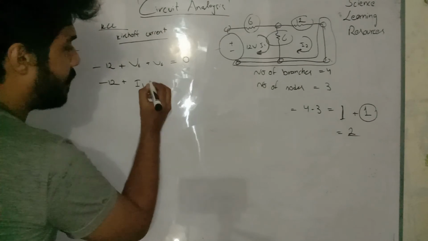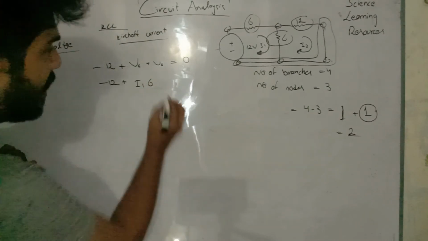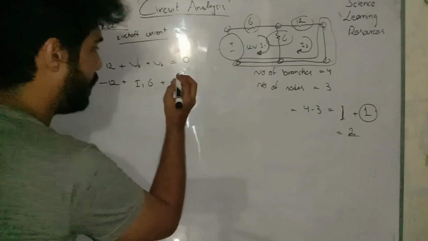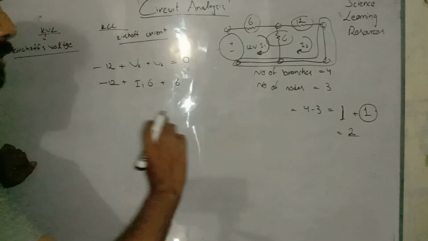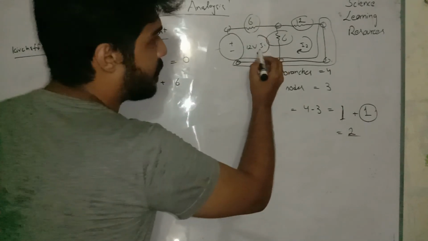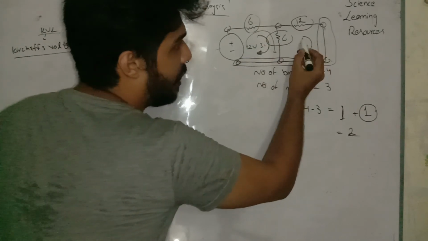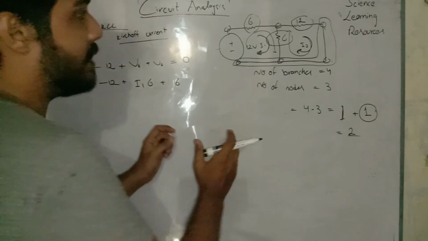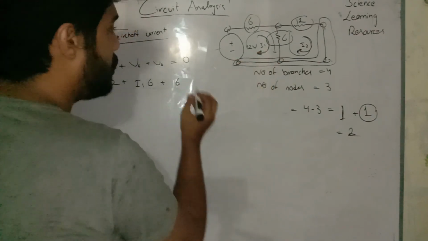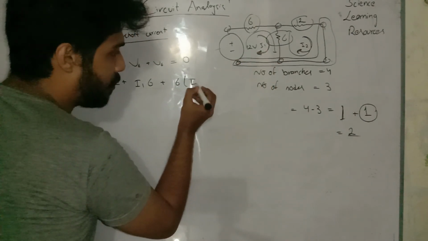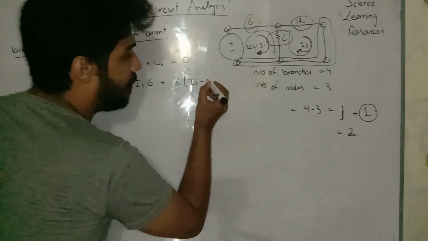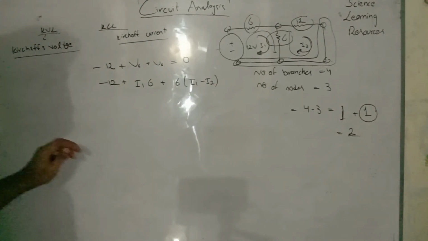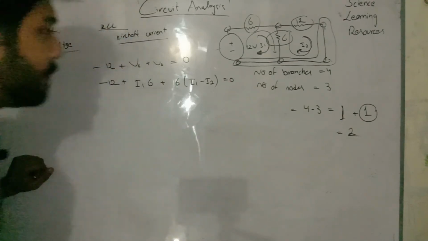And what is the R? The resistor is 6. And after this, again the resistor value is 6. But here there are 2 currents. One current is flowing here and another current is flowing here. So the thumb rule is, for the loop you are in, you write that current first and after that the other one. So it's all equal to 0.